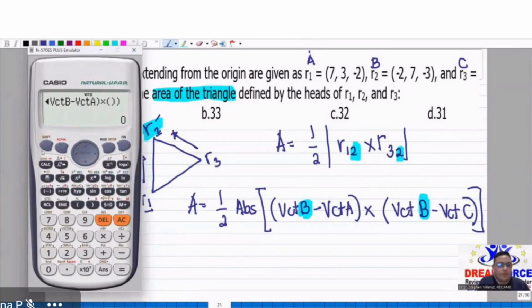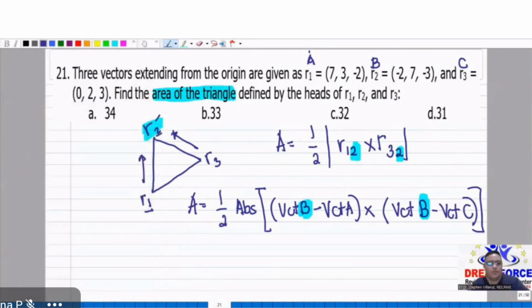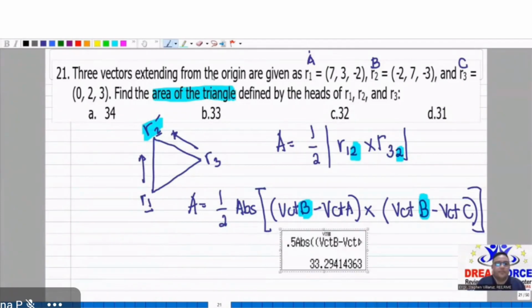Then, yung susunod, vector B minus vector C. Okay. So, press natin yung equals. So, yan ay sagot. And this is approximately 33. Okay? Rounded off to the nearest whole number. Letter B.